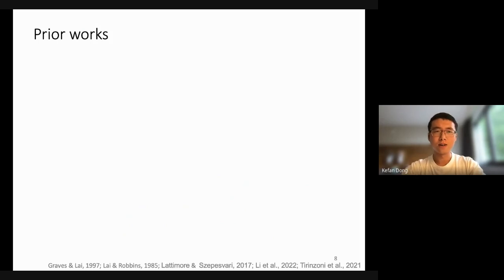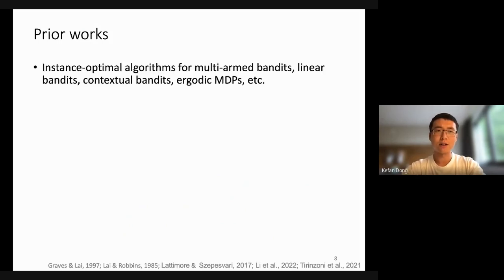Okay, so there are lots of prior works on instance optimal algorithms for different settings. So we know that there are instance optimal algorithms for multi-arm bandit, linear bandits, contextual bandits, and I think also for structured bandits and ergodic Markov decision processes.